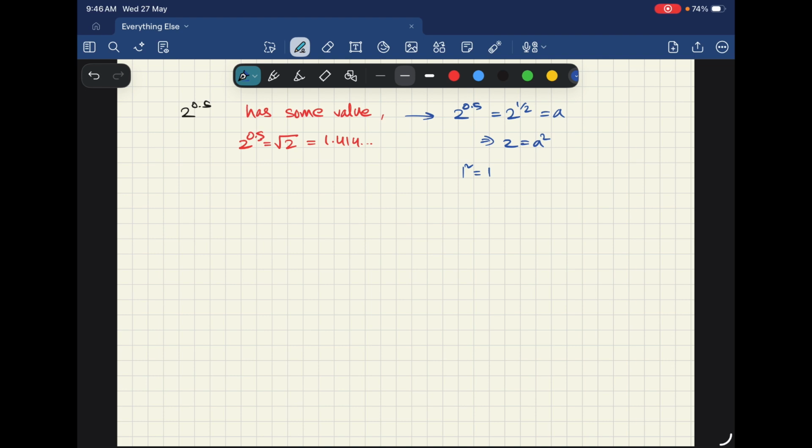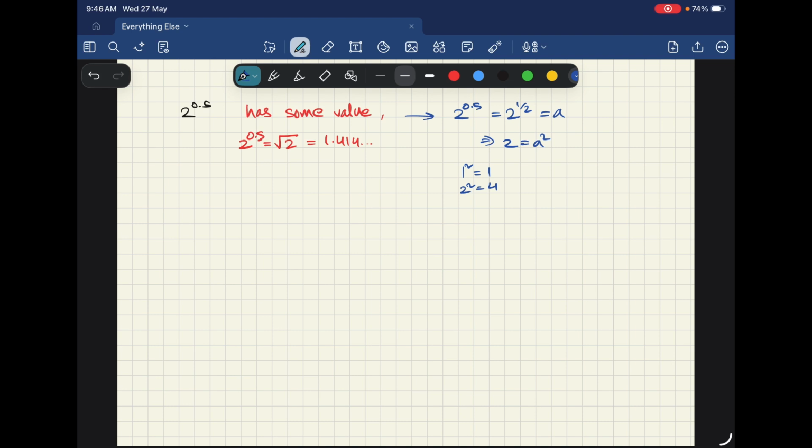Next one, we have 2. Let's say our a is 2. What is 2 square? 2 square is 4. Well, that's more than what we want. So we need to increase the precision. How? Let's move on to the next decimal.